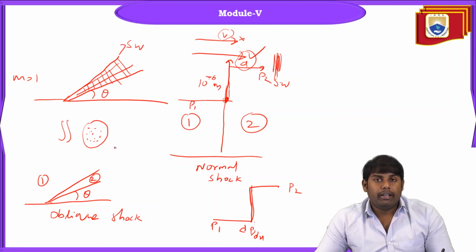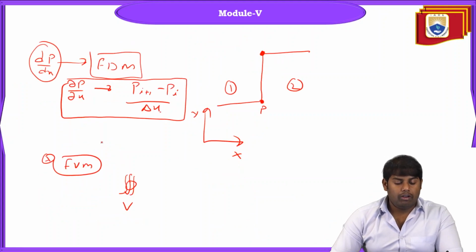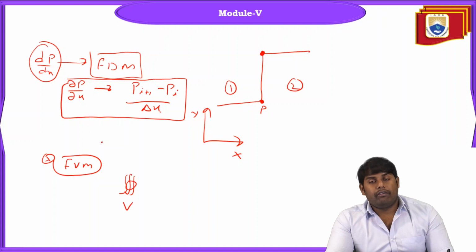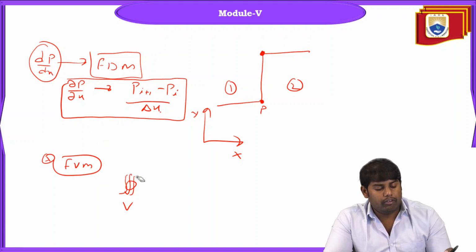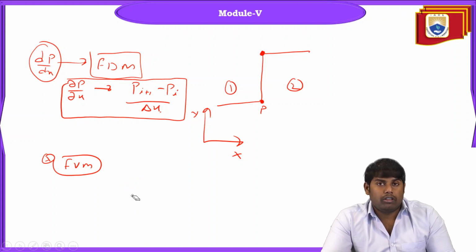When we take only the differential, let's say d by dv, you will be able to calculate only at particular points. Okay, so it's a discretized one. Whereas when you take the integral form of the equation, that will be collecting the terms. Fine. So therefore, for the finite volume method, the integral form of equations is advisable to capture the shock.